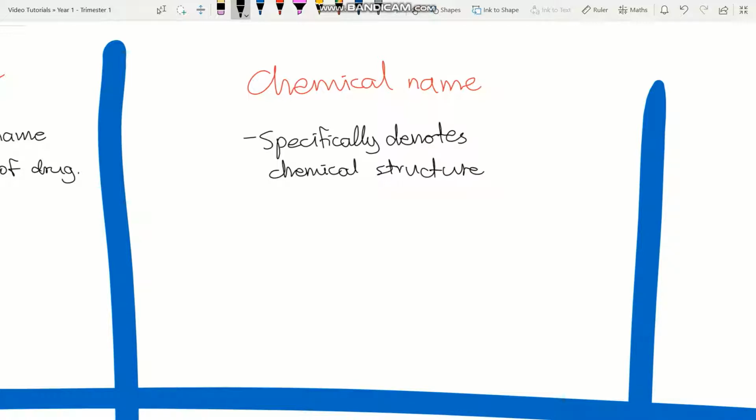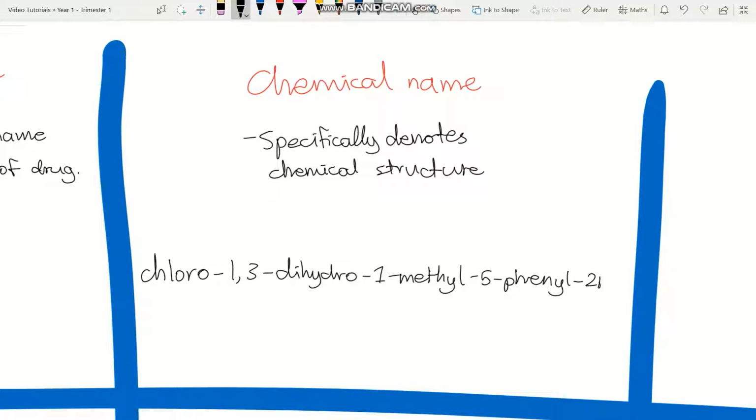So if we take the example of diazepam once again, the chemical name for this drug is chloro 1,3-dihydro 1-methyl 5-phenyl 2H 1,4-benzodiazepine 2-one.